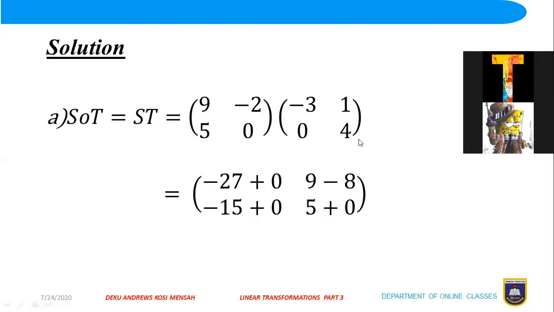Negative 2 multiplies the 4 will give us negative 8. You do the same to the second row. 5 multiplying negative 3 gives us negative 15. Then 0 multiplies 0 also gives us plus 0. So we pick the 5 again, multiply the 1 in the first row, second column. That gives you 5, plus the 0 multiplying the 4 in the second row, second column. That gives us 0.